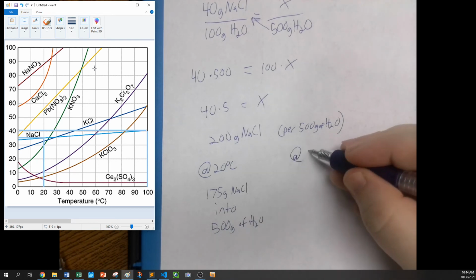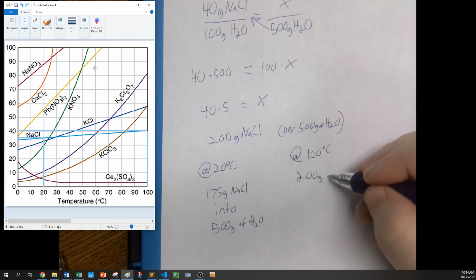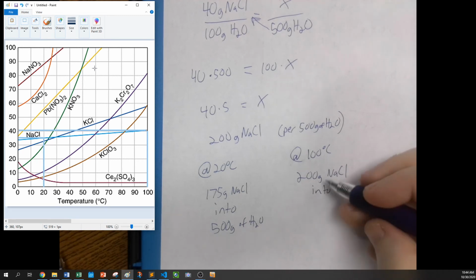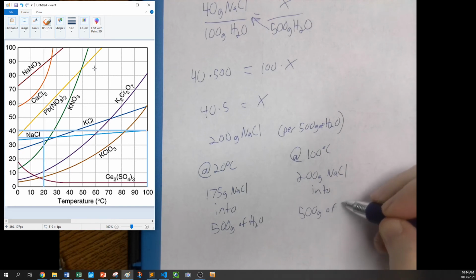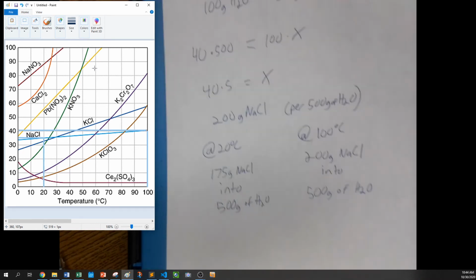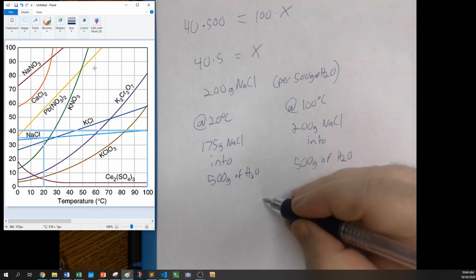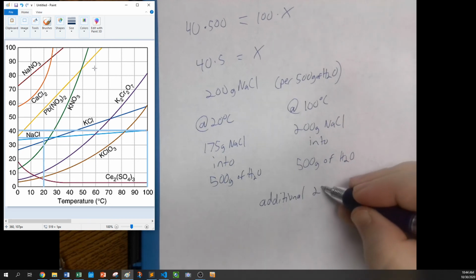And at 100 degrees Celsius, we could put in 200 grams. That means by raising the temperature from 20 to 100, we get an additional 25 grams to dissolve.